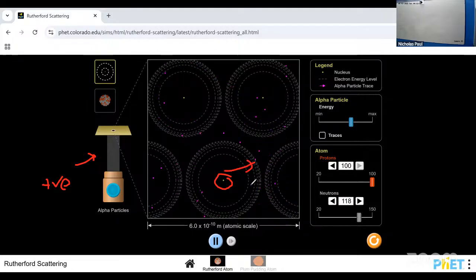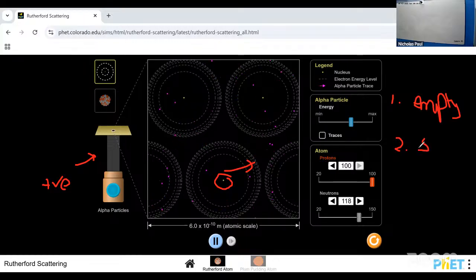What you can probably see is that it appears to have something small and positive, right? That's okay. Remember, they didn't know anything about the atom. So they recognized that the atom, number one, mainly had empty space. Number two, they recognized it had something small.